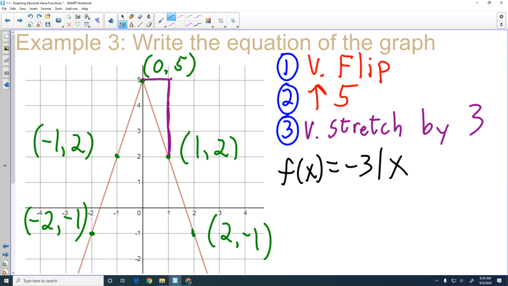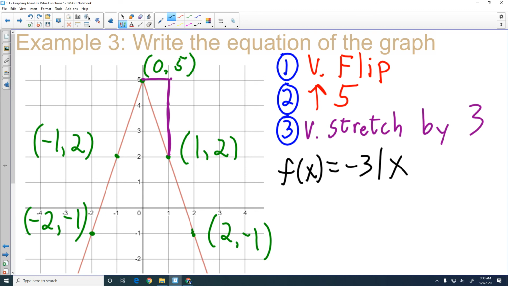And now we have to think about this translation, because I know that that translation, that shift, means I'm going to add or subtract something. But I have to think about, am I going to add or subtract this number inside the absolute value or outside? Should I put it here, inside the absolute value? No. Remember, anything inside with the x is going to move it in the x direction.